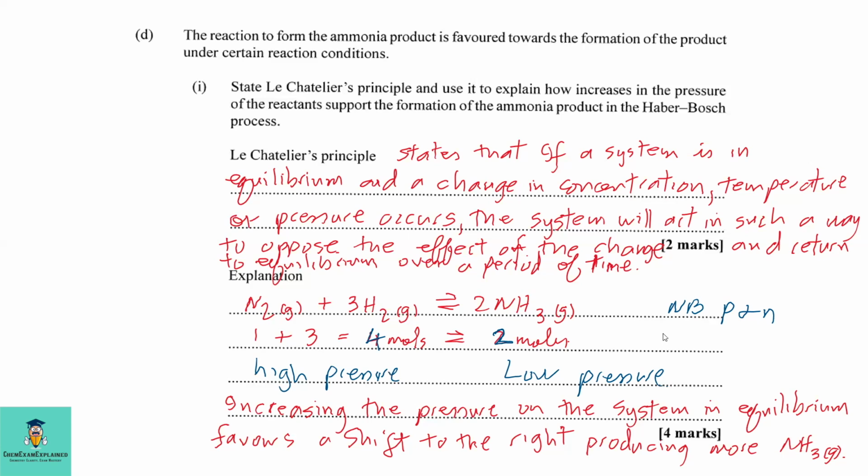Please remember that pressure and moles are directly proportional. So where we have the higher number of moles, that's where we'd have the higher pressure. So increasing the pressure on the system in equilibrium would favor a shift to the right, producing more ammonia gas.